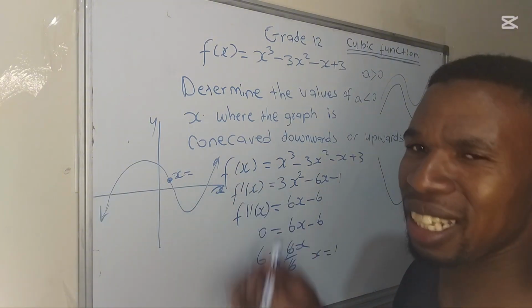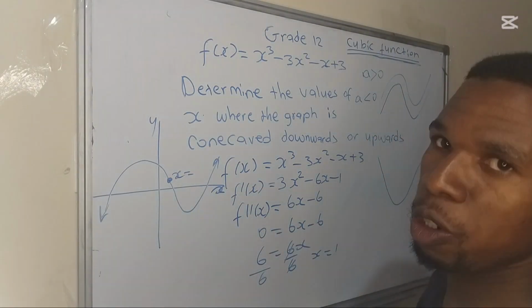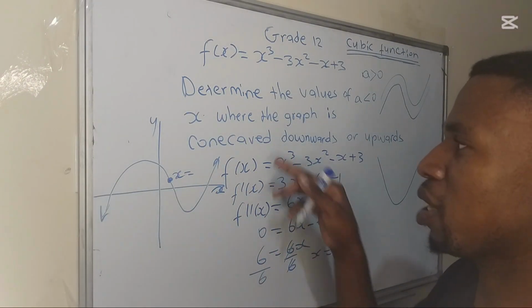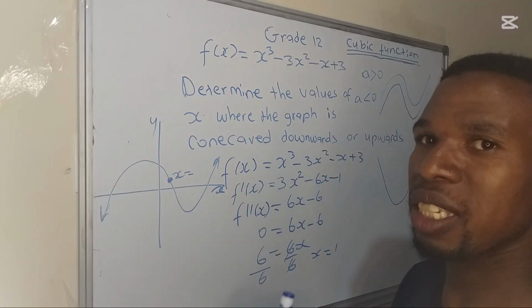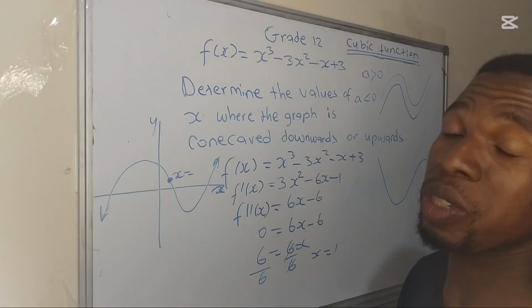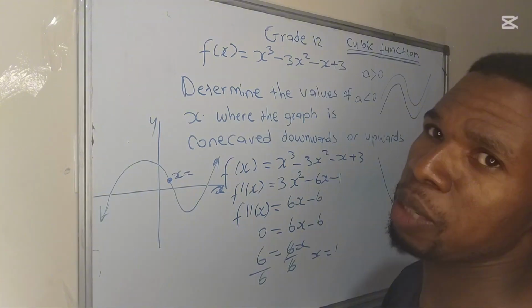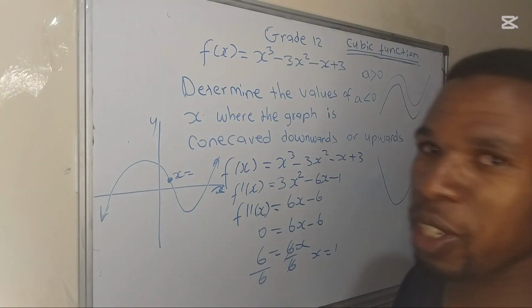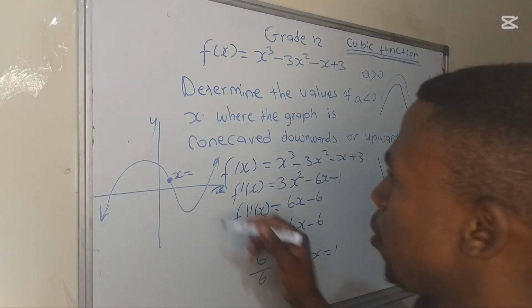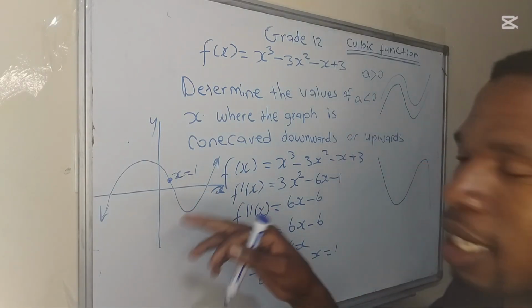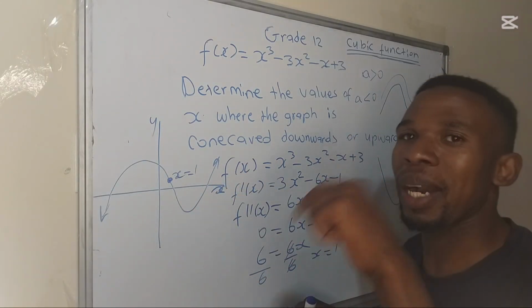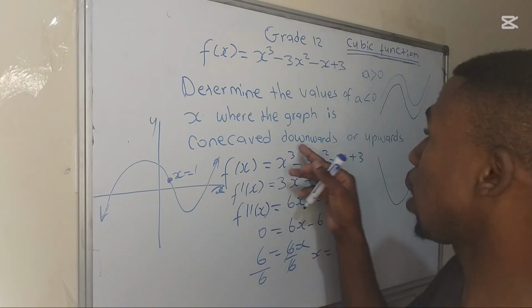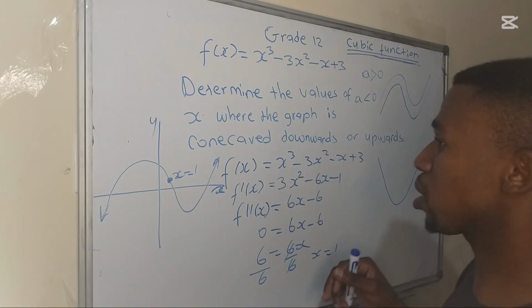But we can just answer this question without finding the value of y, because you are only going to use the x coordinate of that point of inflection. So finding the value of y is just a waste of time. So let's determine the values of x whereby our graph is concave downwards and also upwards.